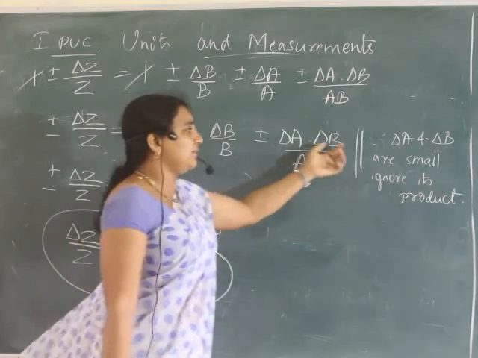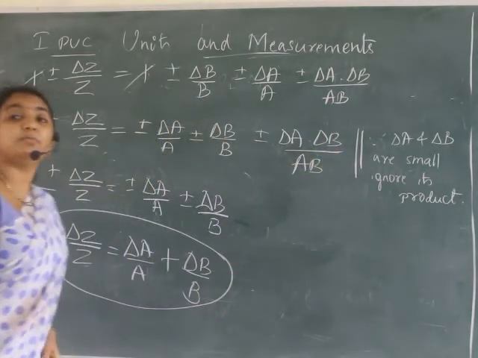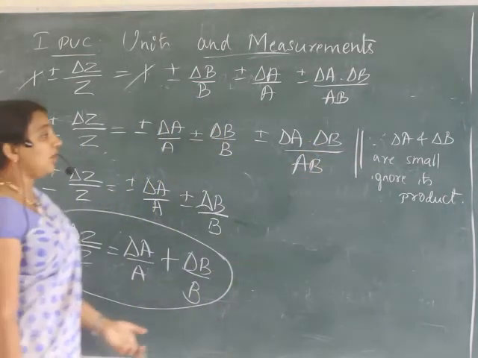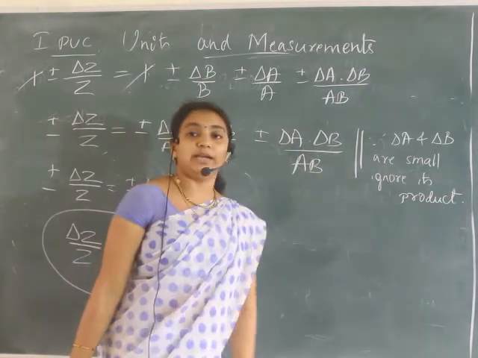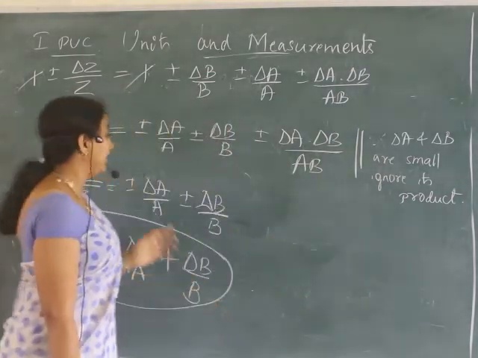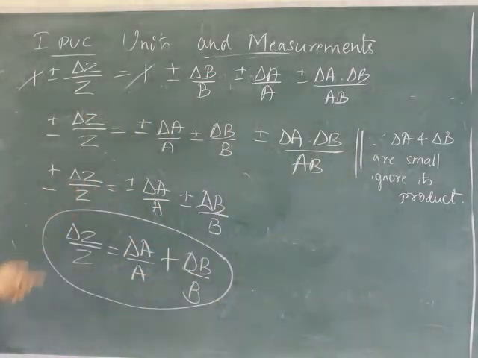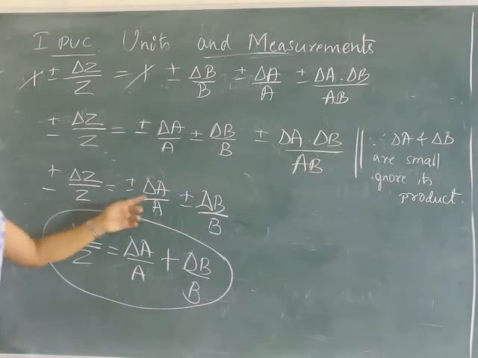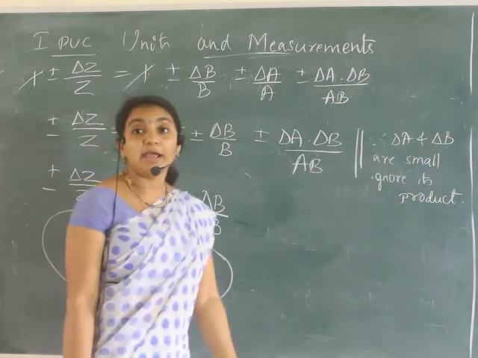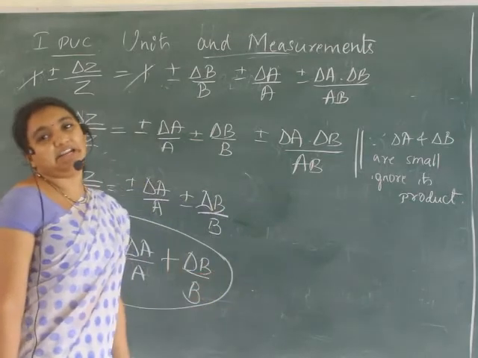Here, this is a small term. So multiplication of small terms will give you another very, very small term, so we will ignore it. We will neglect it. The remaining is plus or minus delta Z by Z equals plus or minus delta A by A plus or minus delta B by B. This is nothing but relative error.